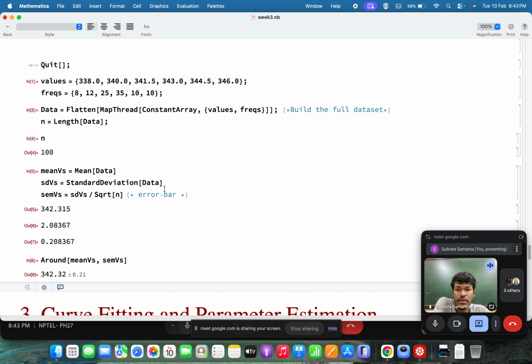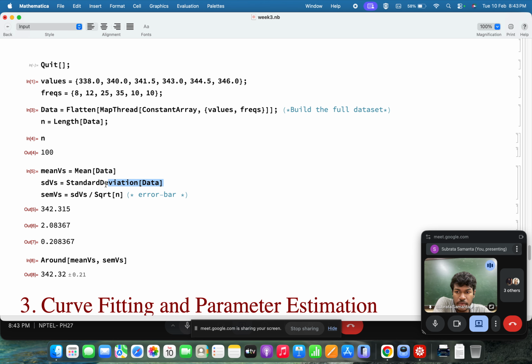Remember, in the problem there is one confusion here, the standard deviation. When you calculate, do we use n or n minus 1, right? If you calculate theoretically, there are no experiments, so then you use n. But crucially, if you use the standard deviation, you should not use the standard deviation as defined in Mathematica.